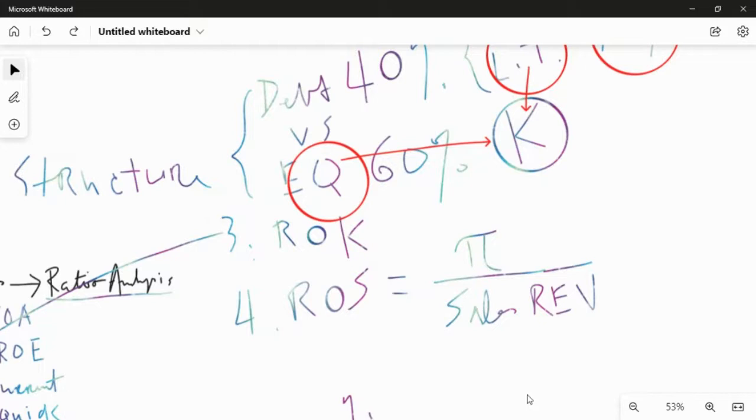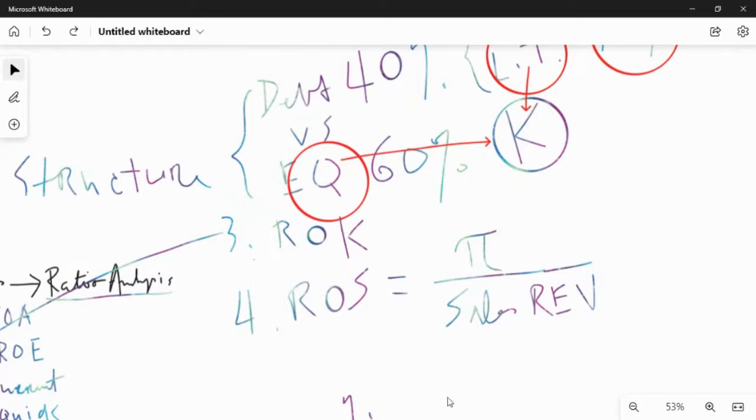But if you are below the industry average, then that's not a good thing. You're doing much less than what the industry is doing on average, right? So always you have to compare it to the industry average.